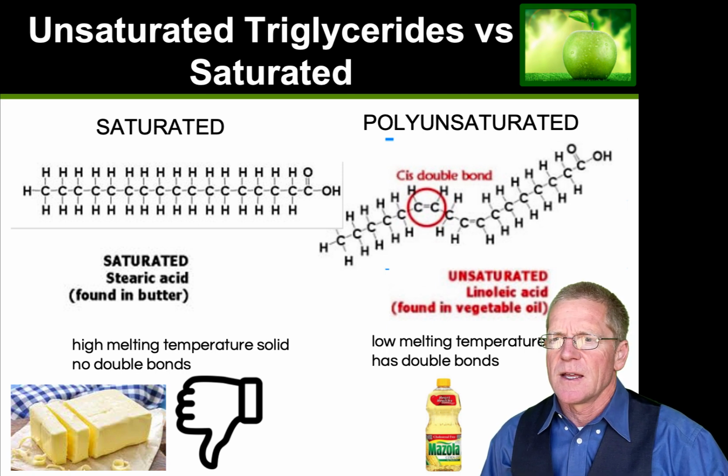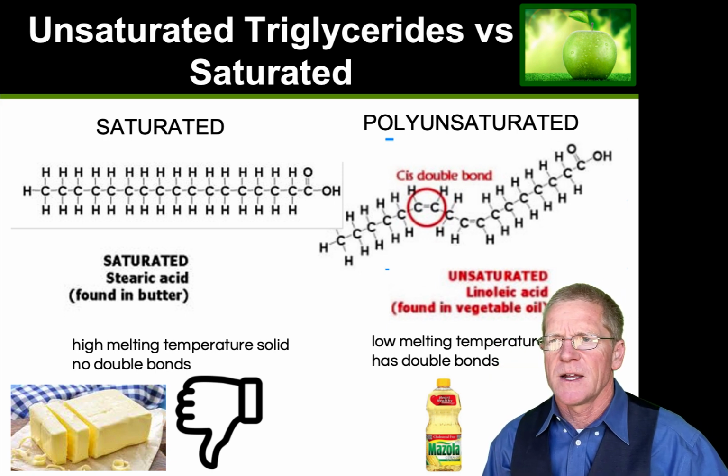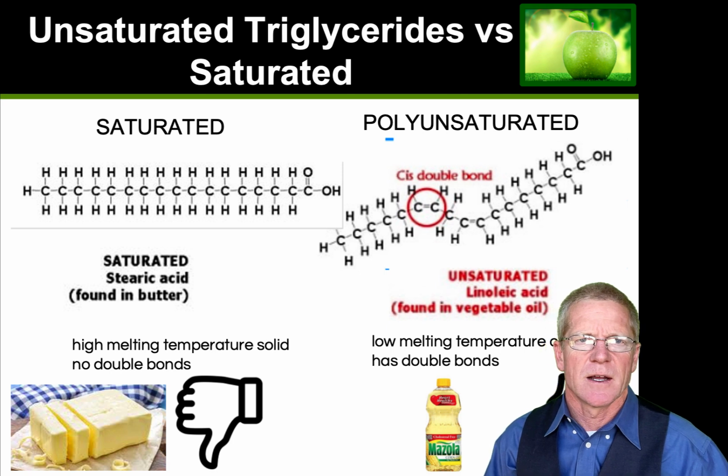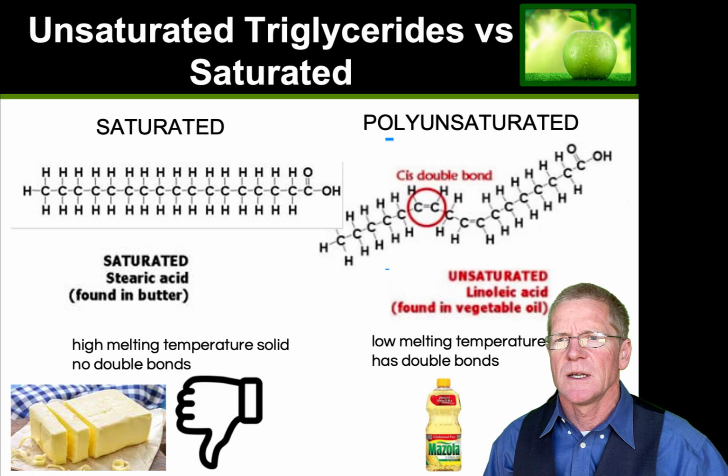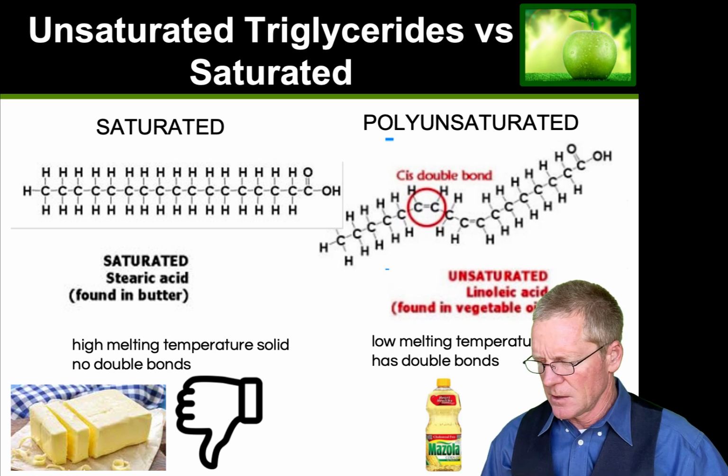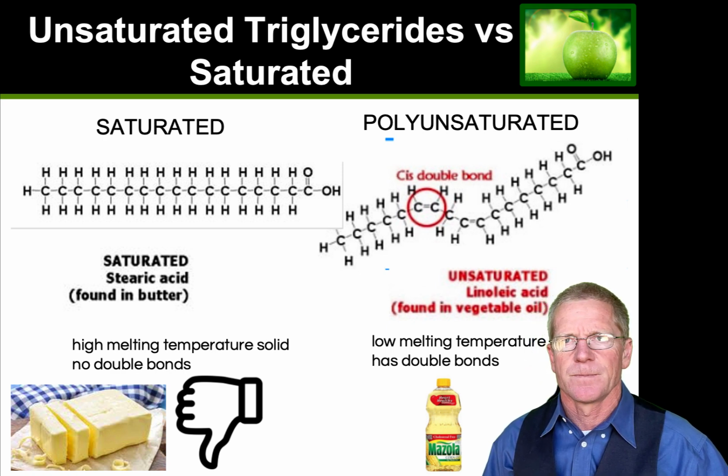Polyunsaturated fats, on the other hand, like this mazola oil, have these double bonds, and these double bonds create kinks in the structure of the polyunsaturated fats. These fats are actually heart healthy, and they're good for you, particularly fats like omega-3 fats.